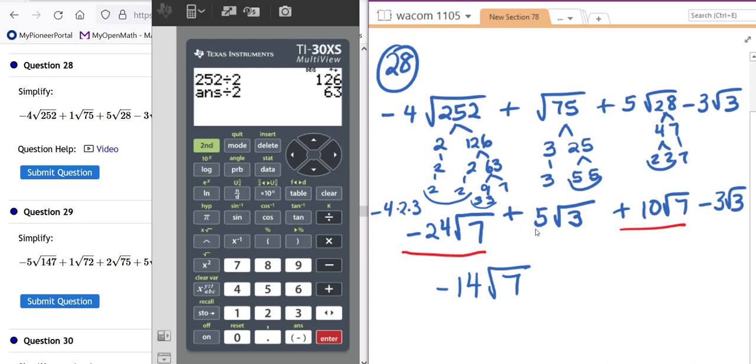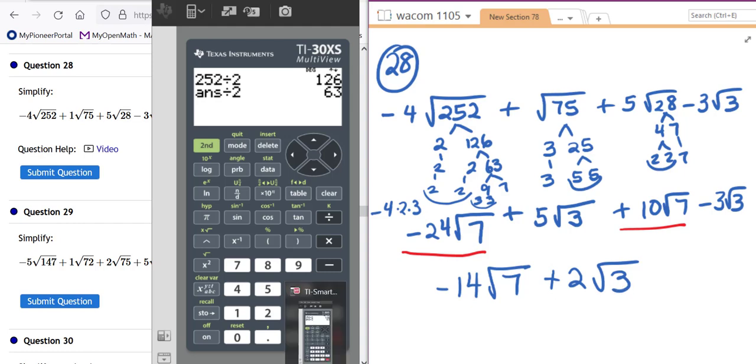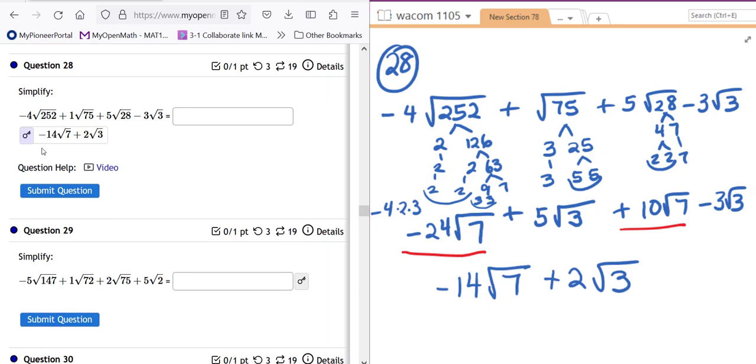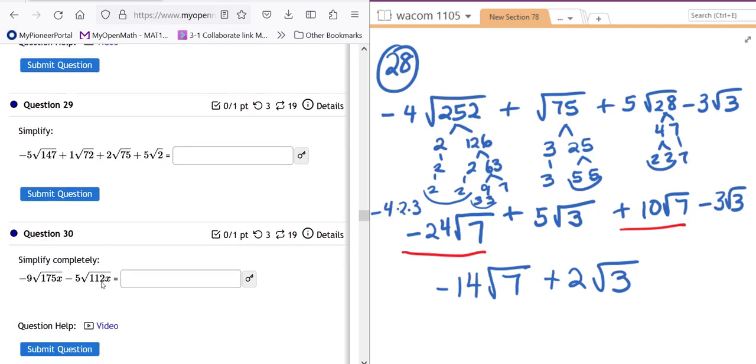Working on the outside, 5 minus 3 is 2. 1 copy of the square root of 3. Now, these are not like radicals, and they are simplified all the way, so there is nothing else we can do to them. And we're good there.